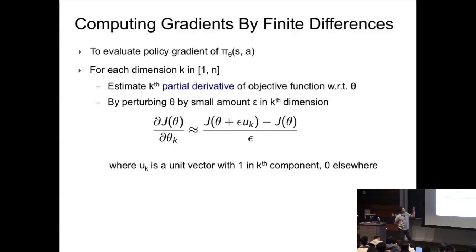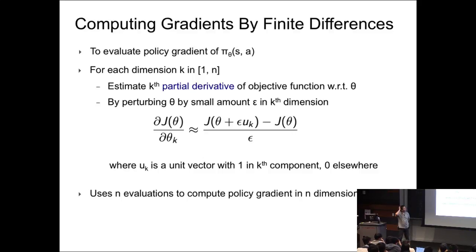You're basically doing a small perturbation in the kth dimension and estimating a gradient. So there are methods that do that, particularly if computing the derivatives could be expensive, or you can't do that.